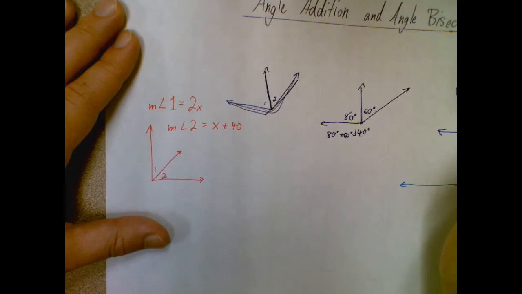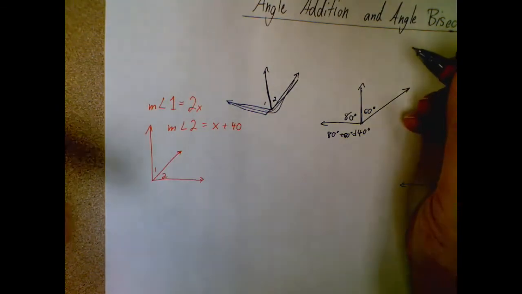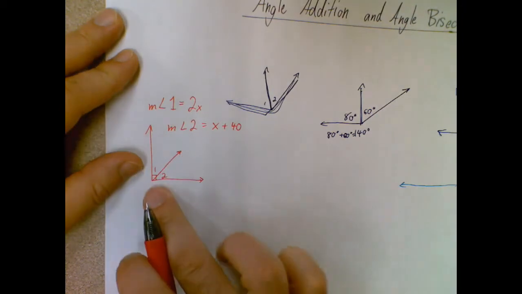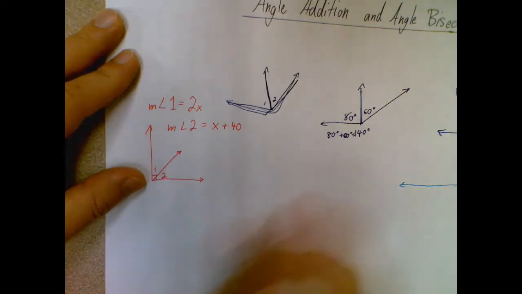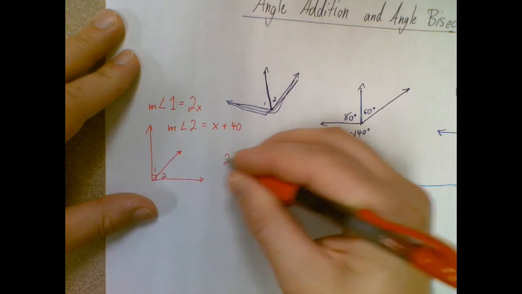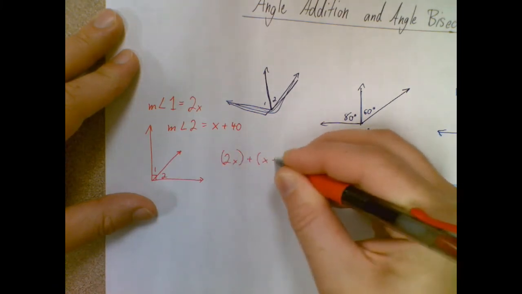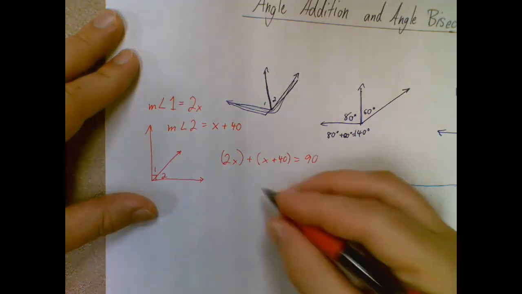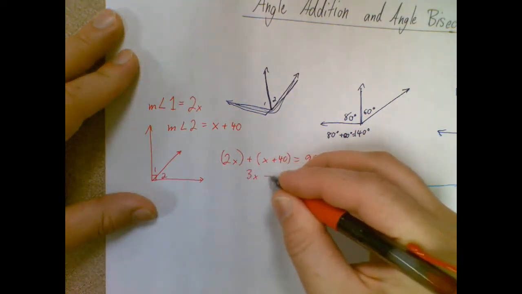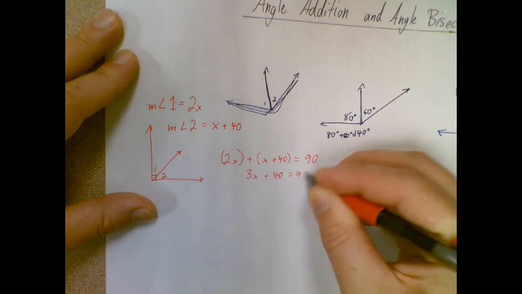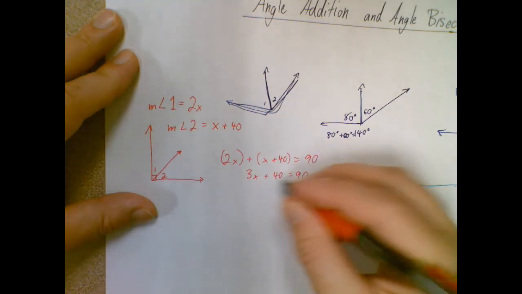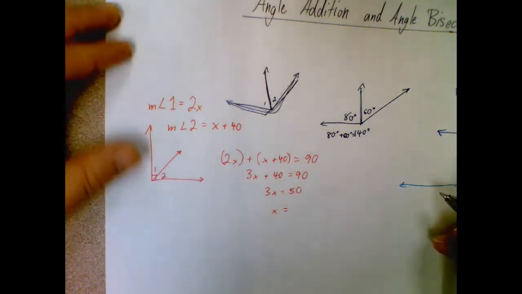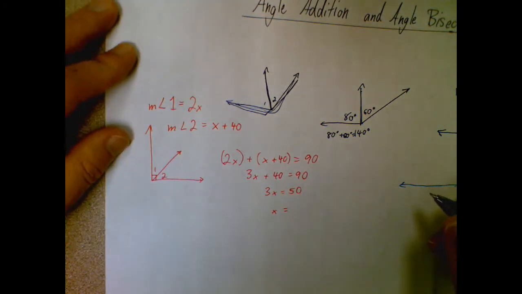Can I figure out how big each of those angles are? I can, because these are complementary, so they add up to 90. So 2x plus x plus 40 equals 90, and I solve like normal. I get 3x plus 40 equals 90. Subtract 40, 3x equals 50. Divide by 3. It's not going to come out nicely, but that's okay.